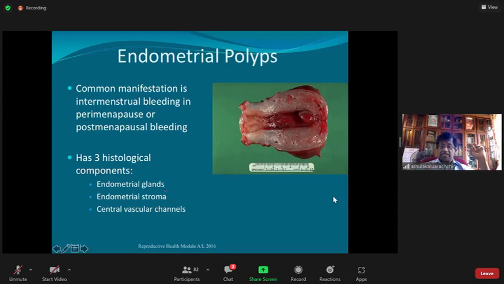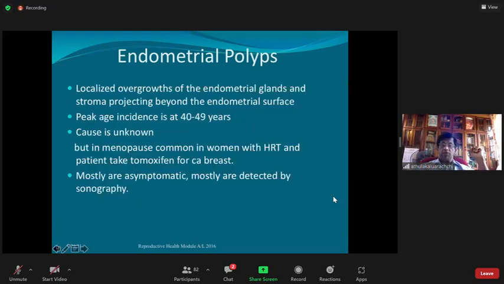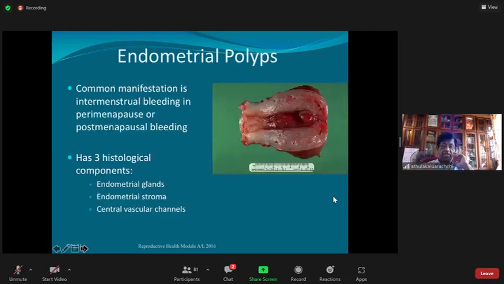Histologically, it has glands, stroma, and of course vessels. These endometrial polyps are common in the latter part of reproductive age, beyond your 40s, and there's no exact reason why they come, like even the fibroids. It can be asymptomatic, but if it produces symptoms, very often it produces bleeding in between the periods or some kind of vaginal discharge.